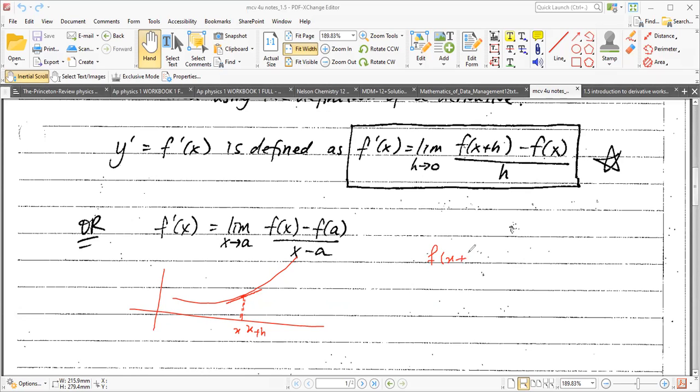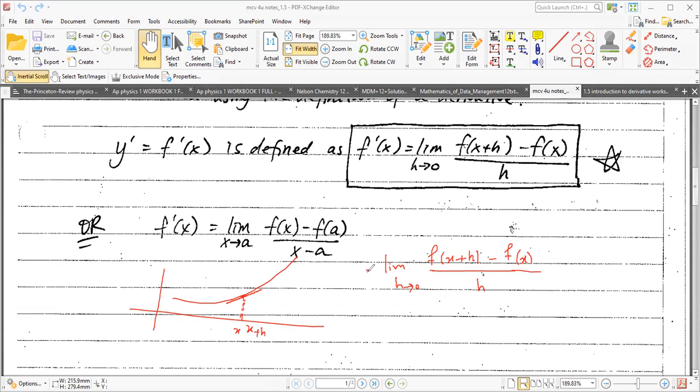F of X plus H, the y value at the second point, minus the y value at the first point, divided by x plus h minus x, right? You will have h. Since h is a very small number, I'm taking the limit of this as h goes to 0. Then this is going to be the slope of your tangent line if you calculate that.